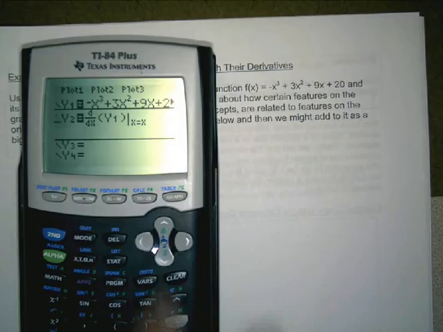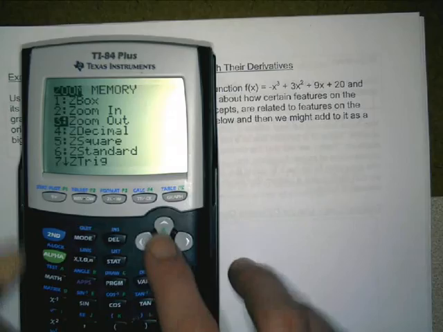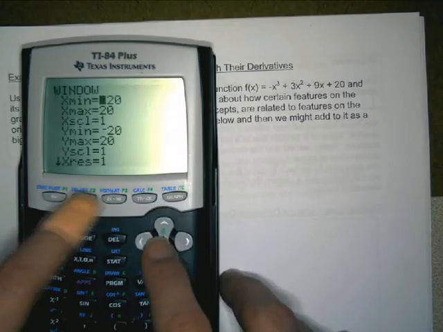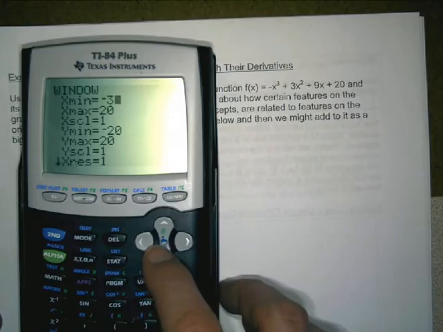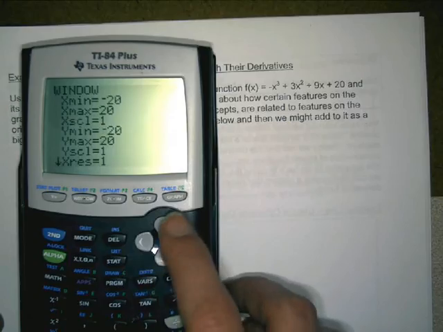I'm going to zoom out one more time, going to negative 20 to 20. I think this needs to be up a little bit, so we're going to go 50.